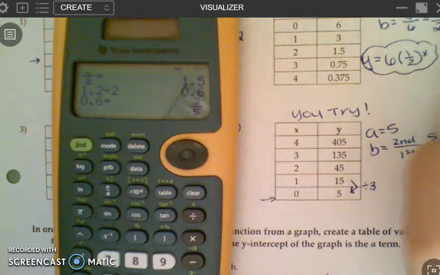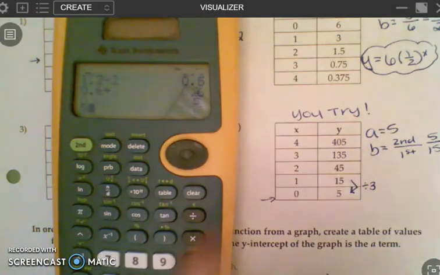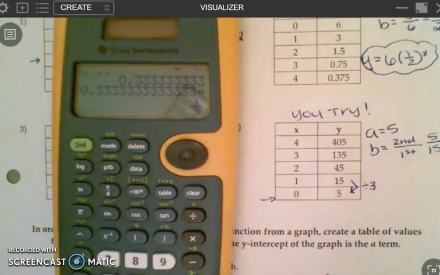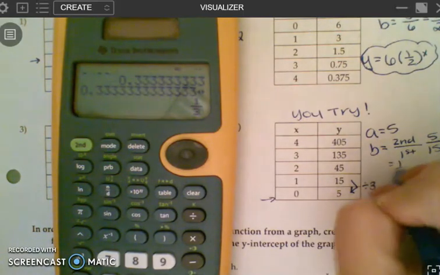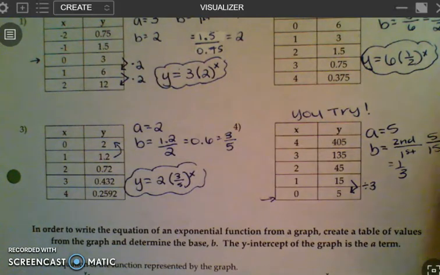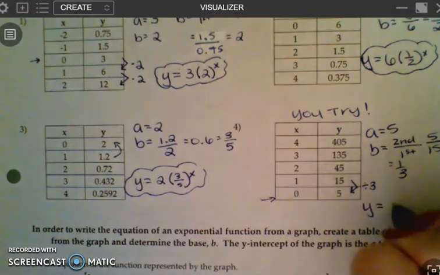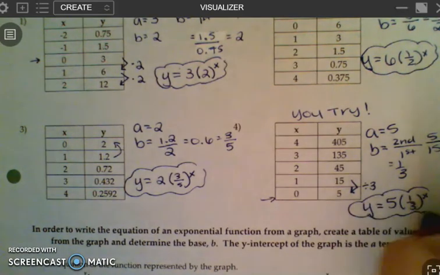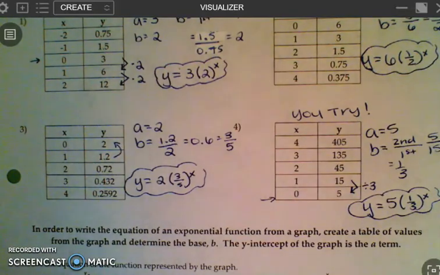So 5 divided by 15, because those are the two numbers I'm looking at. 5 divided by 15 is 0.33333. Again, we want a fraction, so hit your double arrow. So 1/3. Divide by 3 is the same thing as multiplying by 1 over 3. So just be careful when you're doing these because you're always multiplying. So y equals 5, (1/3) to the x.